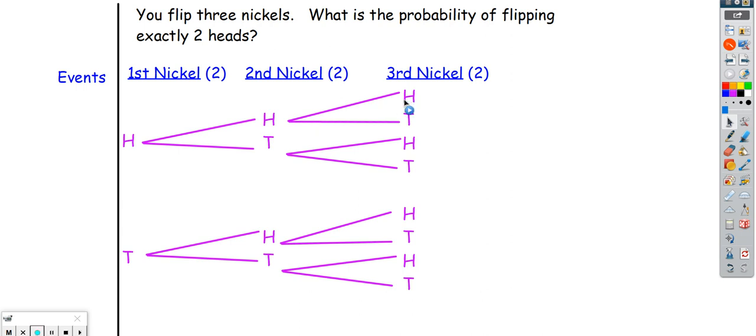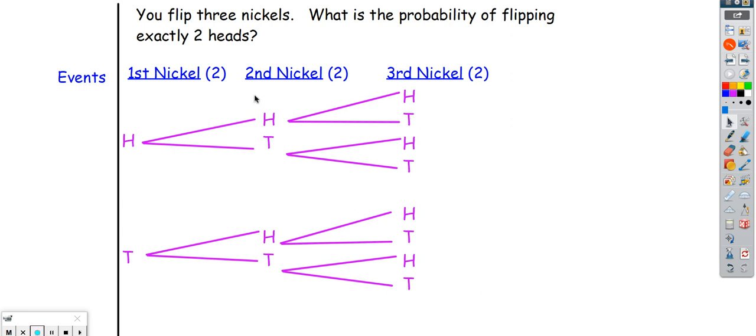So each branch, again, heads and tails. If I flipped a heads on the first, a tails on the second, I could flip a heads on the third, or I could flip a tails on the third. So this is how our tree diagram will look as it's completed.